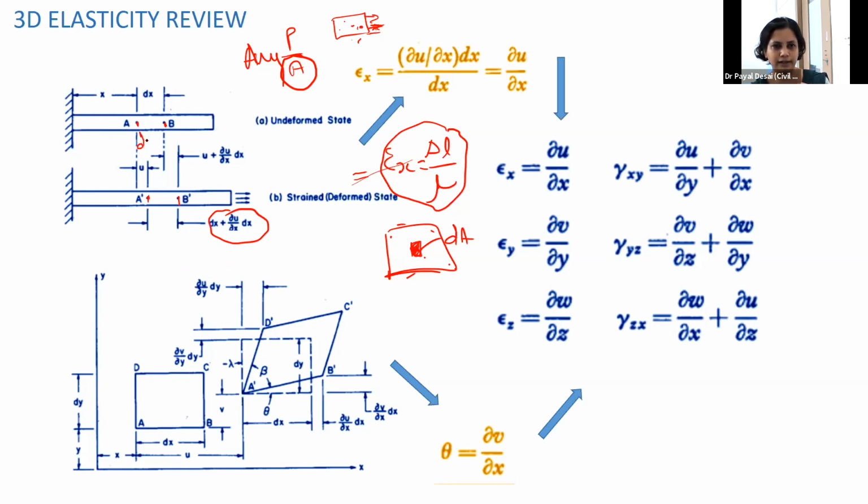So the original length is this dx, and the increase in the length will be defined by the differentials, del u by del x into dx. This part you already know, because you may write something like dy by dx, f dash x, how much is the change in the function itself, that is f of x equal to y, the change in the function, that is dy.